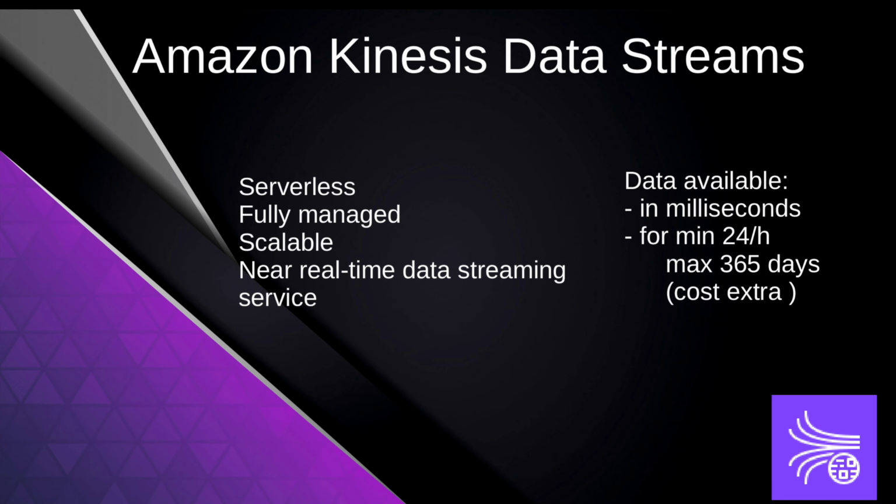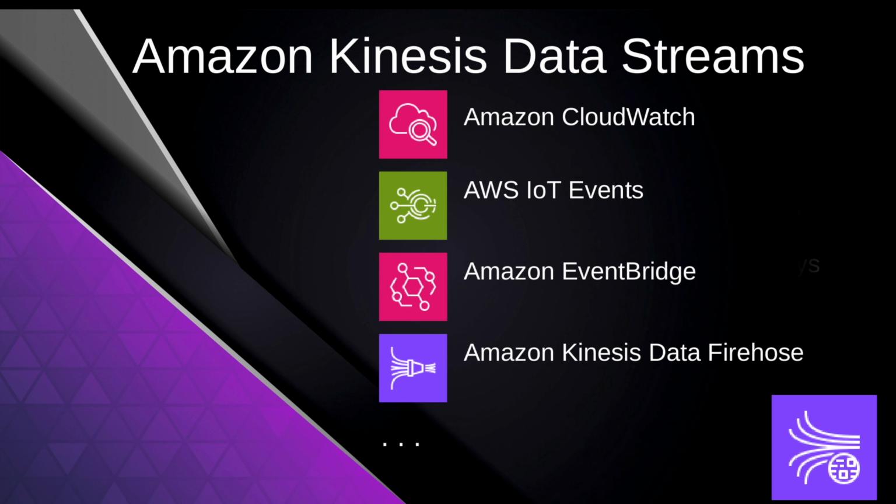Kinesis Data Streams is a fully managed, scalable, serverless, and near real-time data streaming service. It's designed to handle large volumes of data with millisecond latency, available 24/7, and data retention can be configured from 24 hours to 1 year with additional costs for extended retention. Amazon Kinesis Data Streams is under the hood of several AWS services, acting as the engine that drives their data processing capabilities.